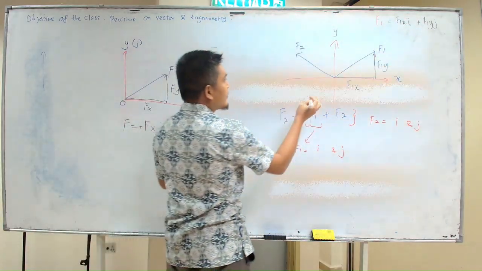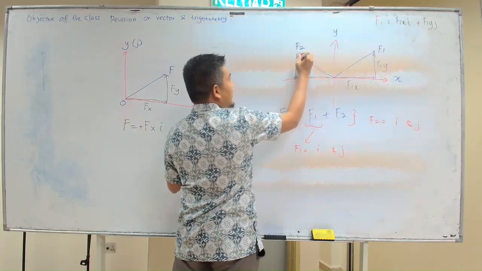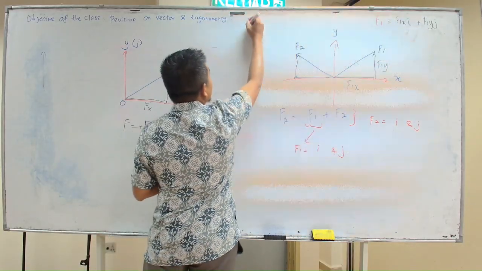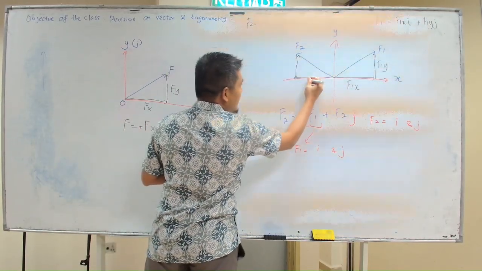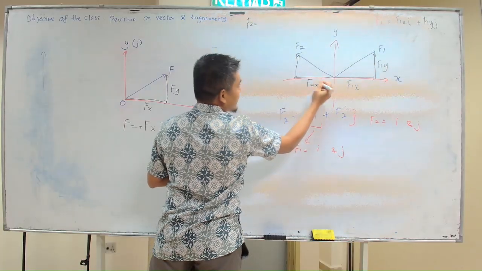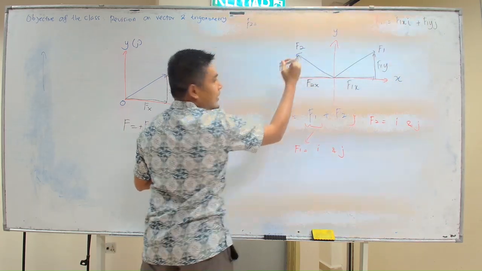So we settle F2. The F2 for sure is a combination of this one, is it? Which we name as F2X, and this one we name as F2Y.